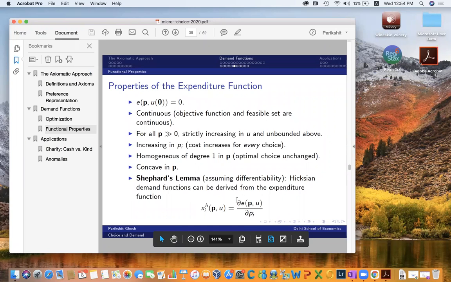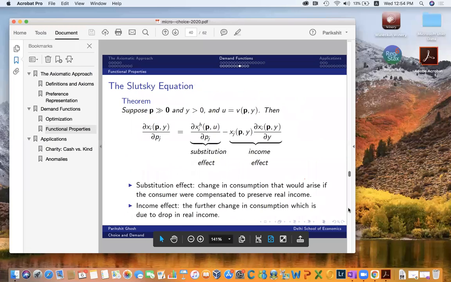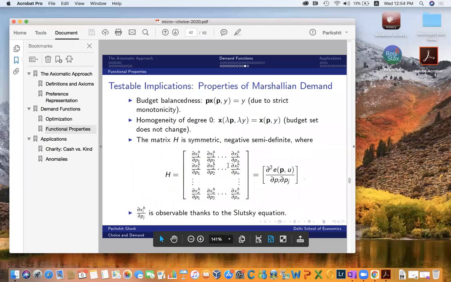So now if I differentiate both sides again with respect to Pj, then the cross partial with respect to i and j on the right hand side will be equal to the derivative of the ith Hicksian demand function. So Shephard's lemma.